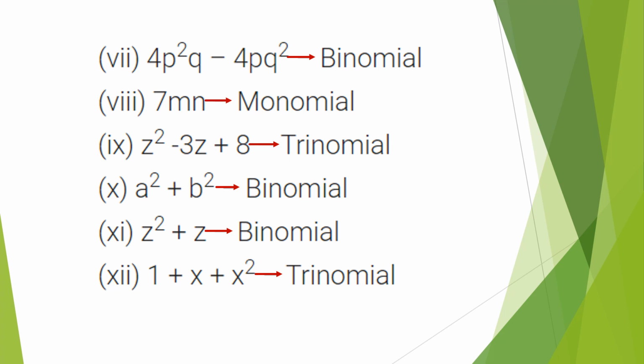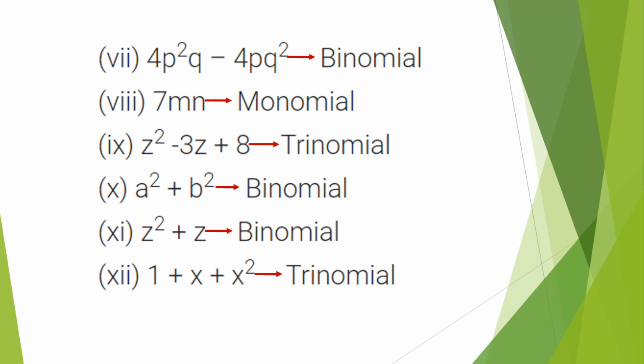And in the seventh question, it is 7mn. Only one term is there, so it is called a monomial. And here z square minus 3z plus 8. Three terms are there, so it is called trinomial. The 10th question, a square plus b square.